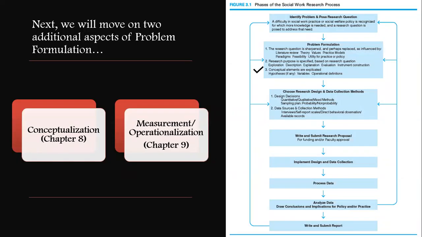Next, we will move on to 2 additional aspects of problem formulation, which include conceptualization, which will be covered in Chapter 8, and measurement or operationalization, which will be covered in Chapter 9.